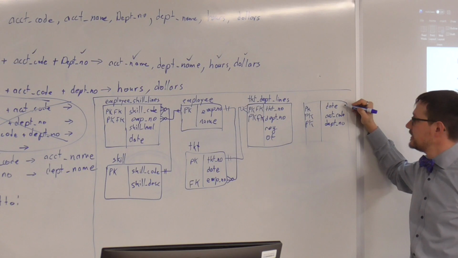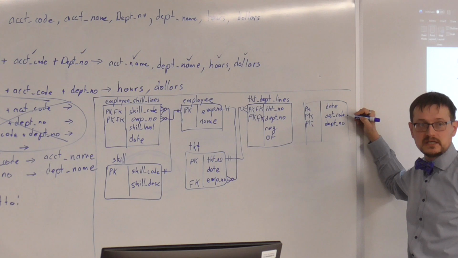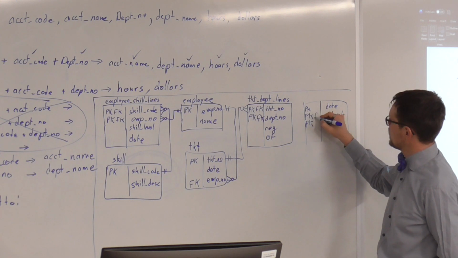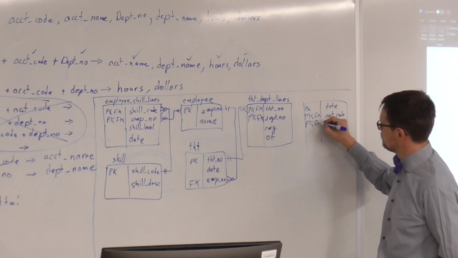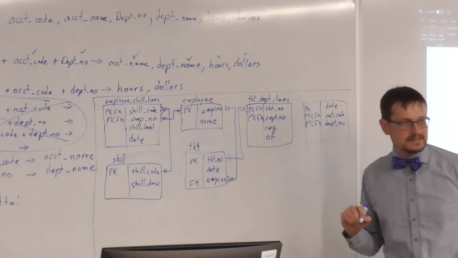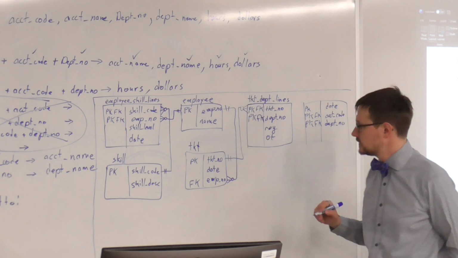How about account code? Is that a foreign key? Yes. What about department number? Yes. So date doesn't have a table, so it can't be a foreign key.